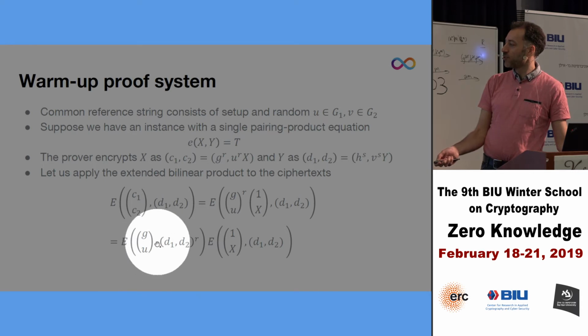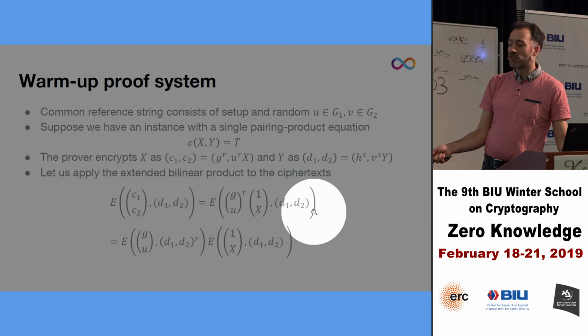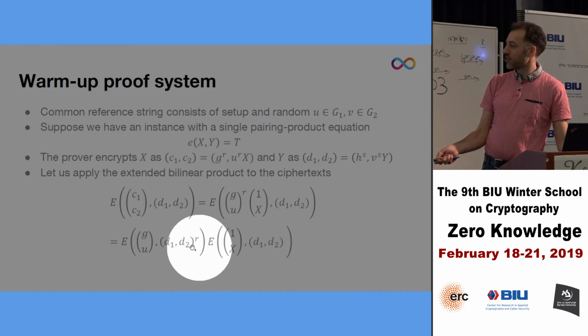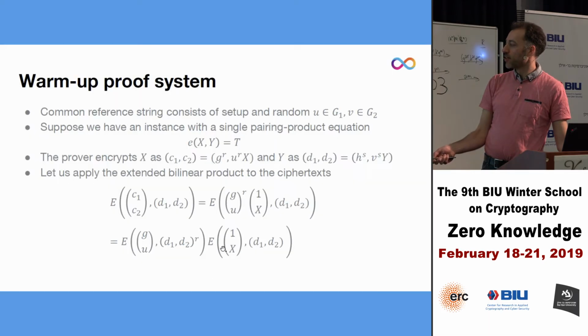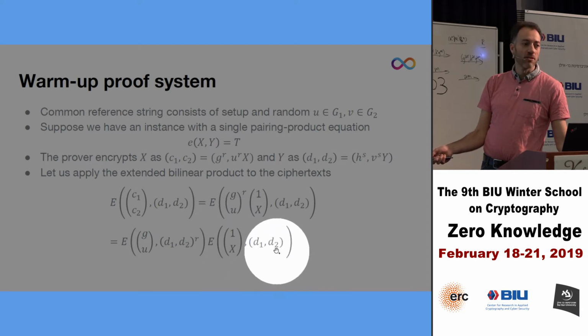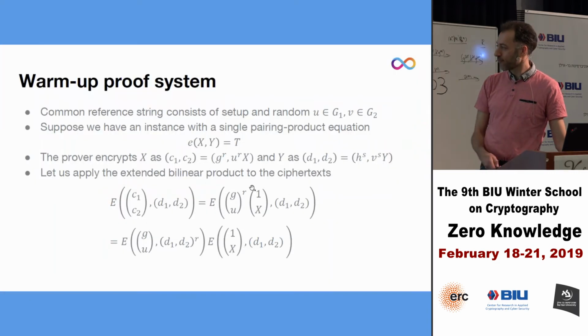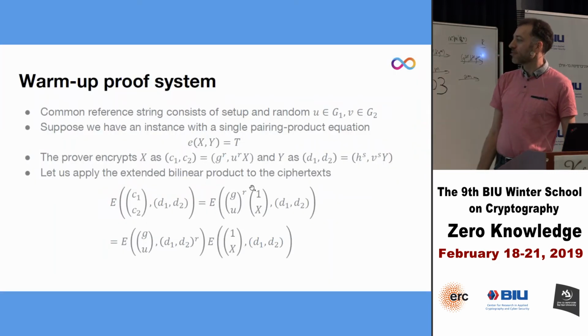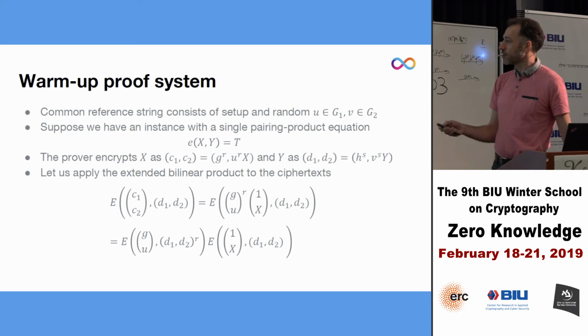Okay, and for the GU part by bilinearity, we can take this R and move it over to the right-hand side. So now we have GU paired with this ciphertext here raised to R, and then we have the pairing of 1X with the ciphertext that encrypts Y. Okay, let's continue the calculations.